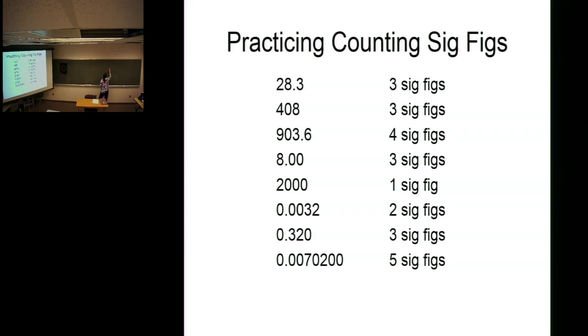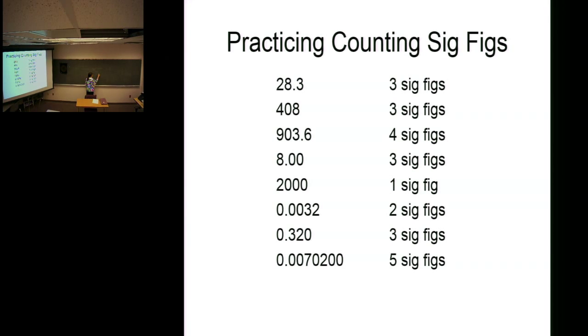Okay, so let's do an example of some of those calculations. For example, if I were multiplying these two numbers together, 6.221 times 5.2. Now let's count the sig figs. How many sig figs do I have here? 4. How many sig figs do I have here? 2.